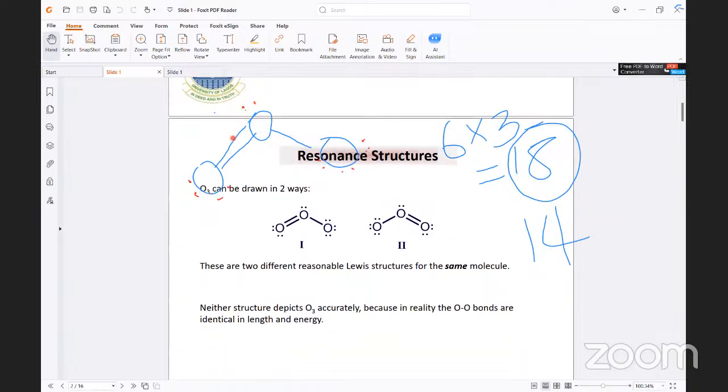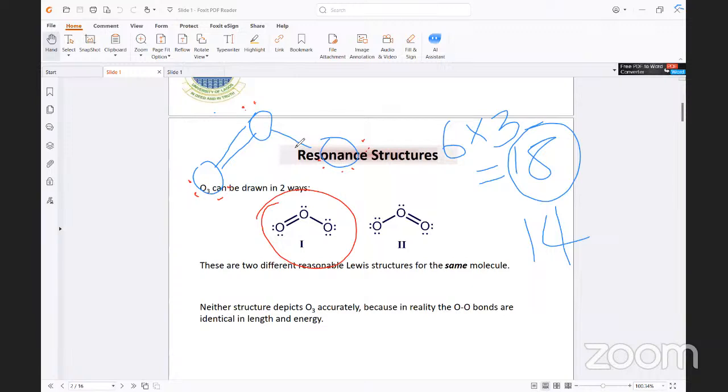That makes this one complete. Also here, 1, 2, 3, 4, 5, 6, 7, 8. So each of them is complete. This also here, 1, 2, 3, 4, 5, 6, 7, 8. So structure 1 is correct.